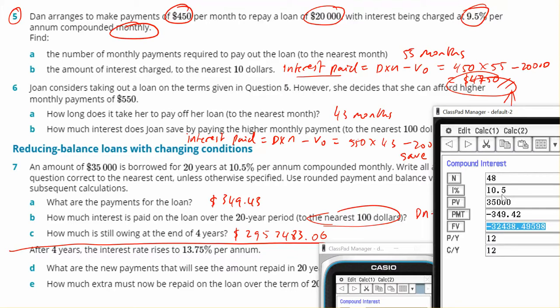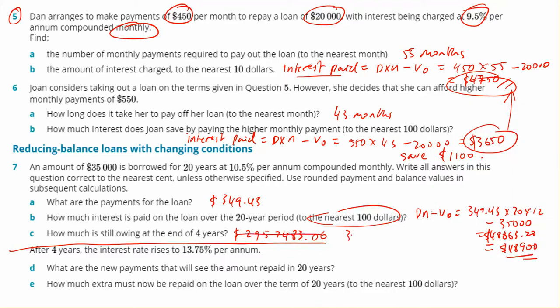So what I owe after 4 years is $32438.50. Okay, now let's do the financial change.